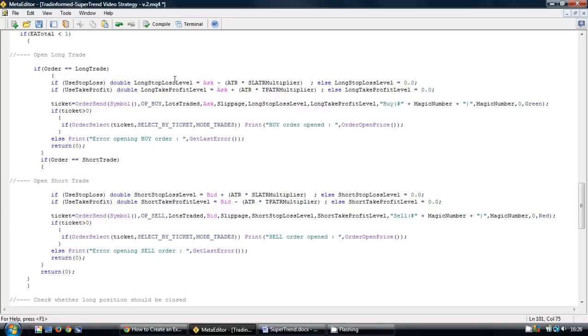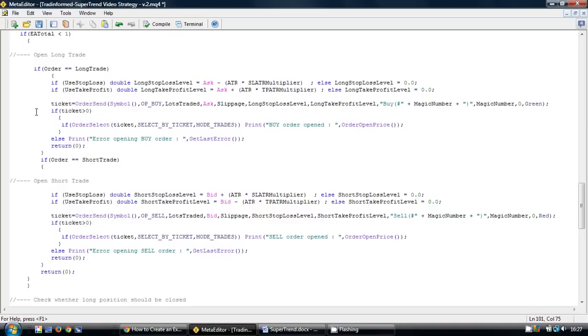So we're going to use this piece of code here to identify what the actual value should be. If we enter a long trade, we're always going to use the asking price, and if we're not using a stop loss, the program will know to automatically not set a stop loss level, to leave it at 0. It does exactly the same for the use take profit.